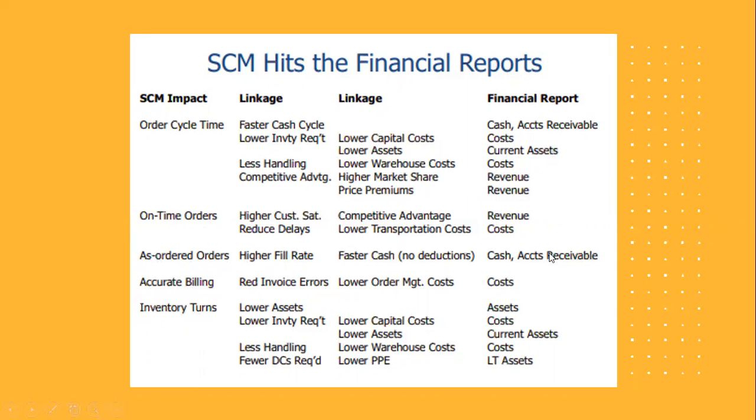All of this is linked to the financial reports and actually is calculated using the financial reports. So it's very important to see the relationship between supply chain management and accounting and what's happening on these critical financial statements.